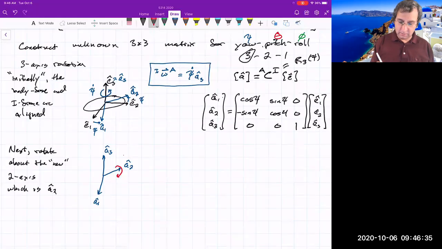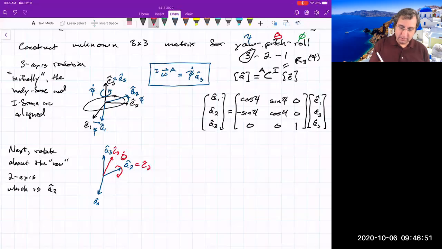So this is the rotation rate, theta dot. And that's taking us to a new intermediate frame, which we'll call the C frame. So A2 equals C2. This angle is theta, and then A1 will have moved a little bit too, to a new direction, C1.